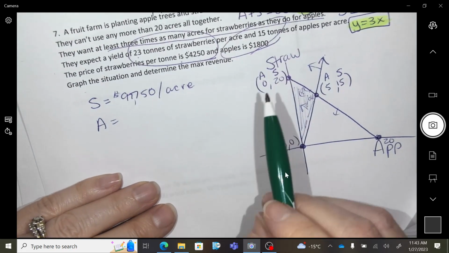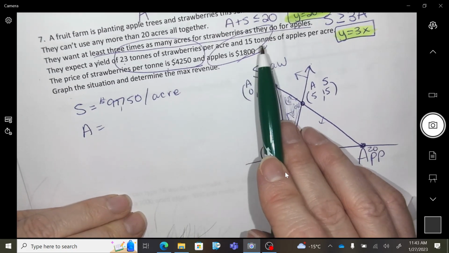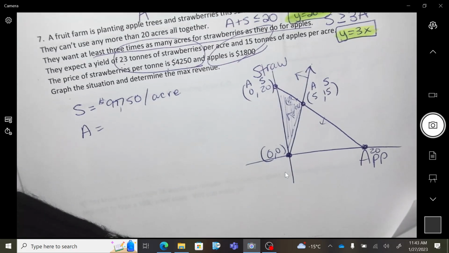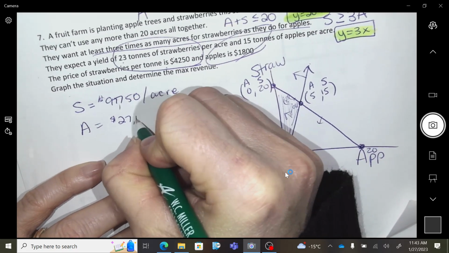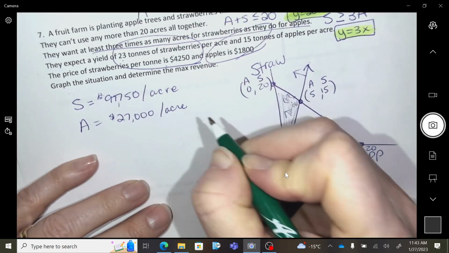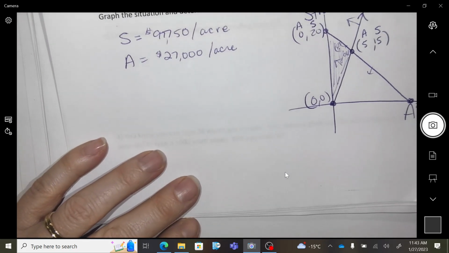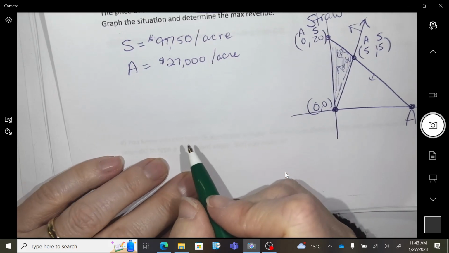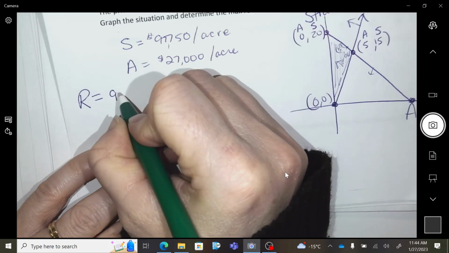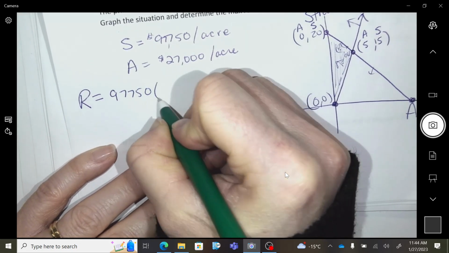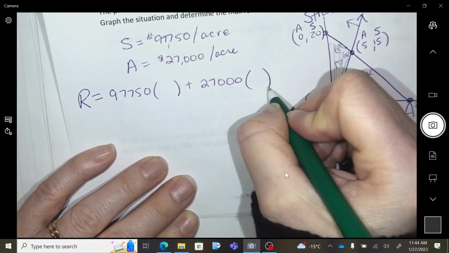I'm going to do the same with the apples. Each acre will produce this much, and each ton will produce this much money. So my revenue will be $97,750 per strawberry plus $27,000 per apple.